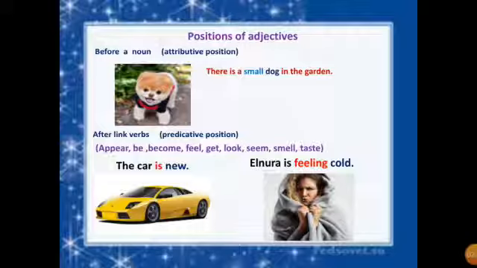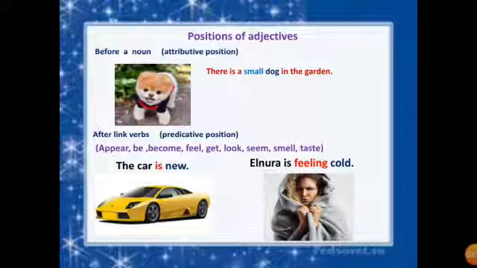The next, there are some link verbs. Now repeat after me. Appear, be, become, feel, get, look, seem, smell, taste. Now pay attention to the next example. The car is new.